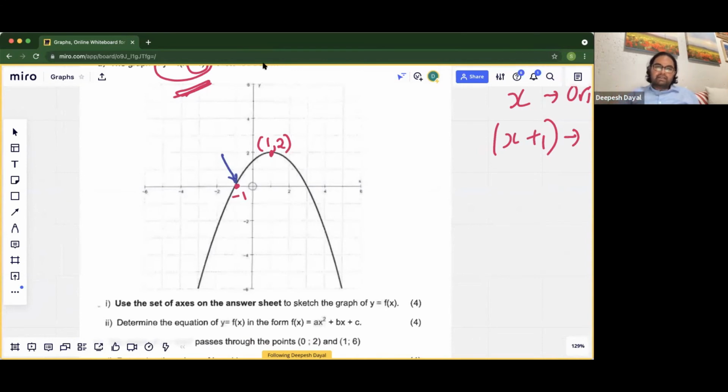You can type in the chat or unmute. Yes, it will be at 0. Thank you, Kiabetswe. So it will be at 0. This point here at the bottom will be here. And the 1 and 2 will then be 2 and 2. And then this one here at the bottom will be here. Like that.